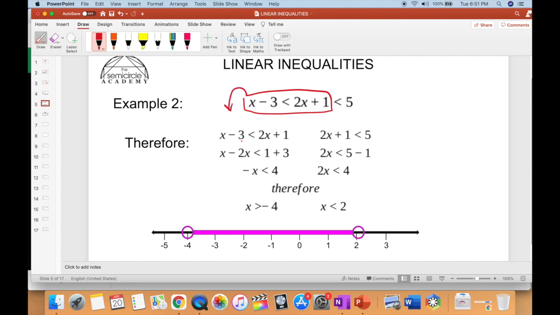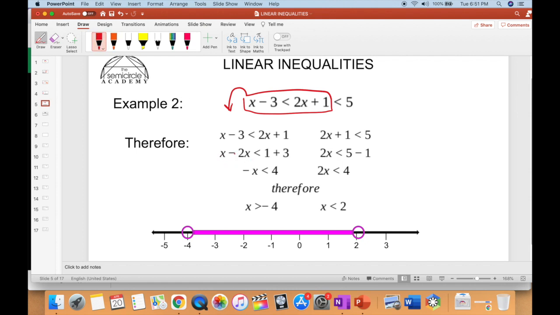x minus 3 is less than 2x plus 1. And obviously I could take the 2x and fling it across, right? So it becomes x minus 2x, and the sign stays the same, right? And obviously I take this negative 3 and I fling it across to get 1 plus 3, right? So the sign stays the same there, right?